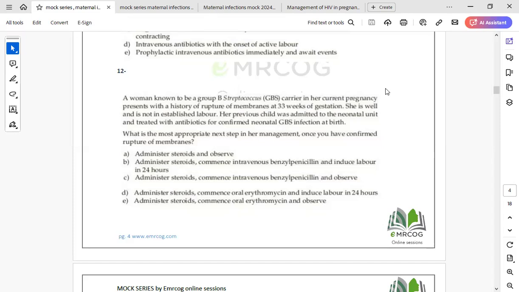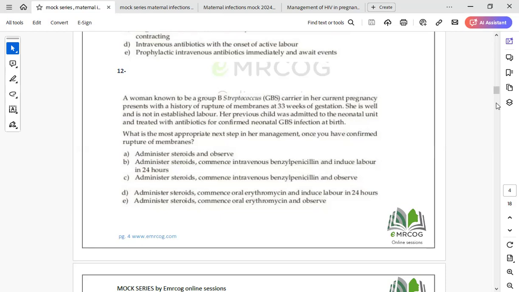Yes, exactly, Dr. Rinku. Benzyl penicillin is given intrapartum. It's called IAP, intrapartum antibiotic prophylaxis. In this case, she has PPROM, so she's going to be treated like any other PPROM. Excellent.